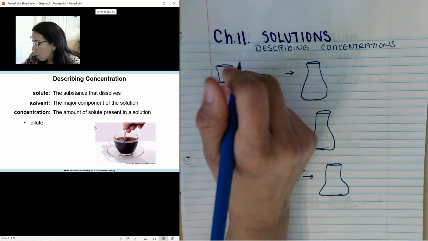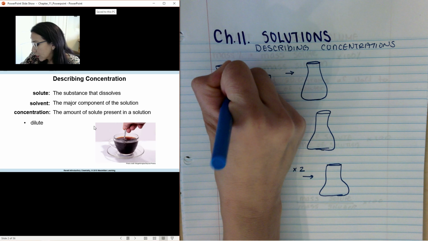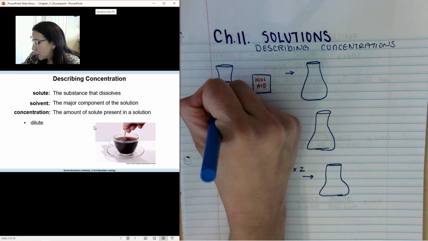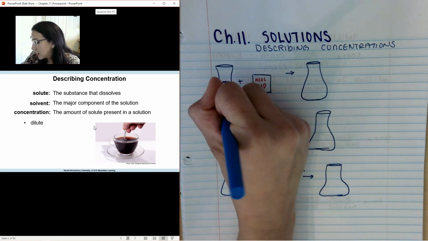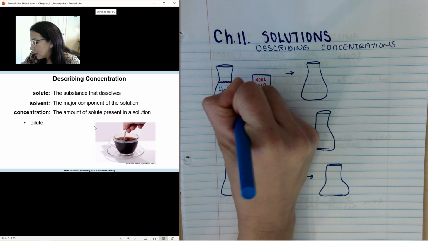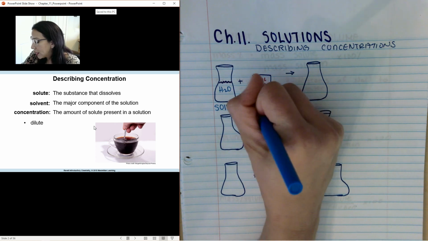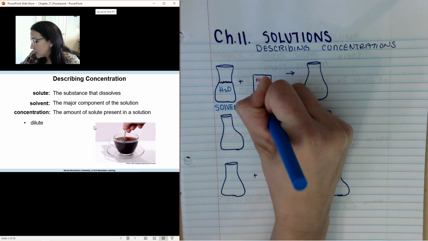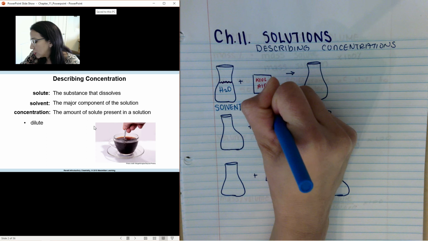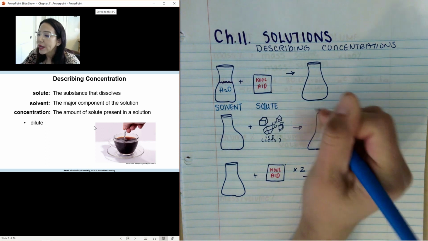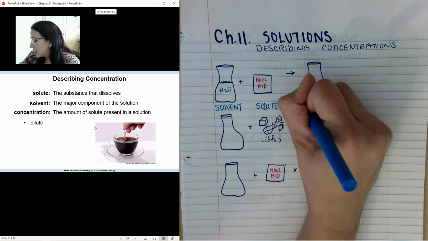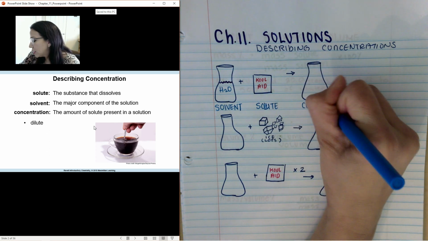Here is my water, H2O, and my water is going to dissolve my Kool-Aid. So my water is the solvent, and my Kool-Aid, which is what is getting dissolved, is the solute. Together they're going to create a concentrated solution.